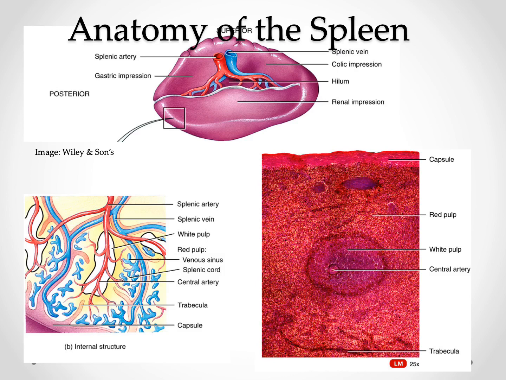And then the red pulp is going to be within the venous sinuses that you see within the diagram. This is the area where the macrophages are going to be removing any RBCs that have membrane deficiencies, membrane defectiveness, or have been, quote unquote, worn out due to the exposure to ROS and/or other metabolites.